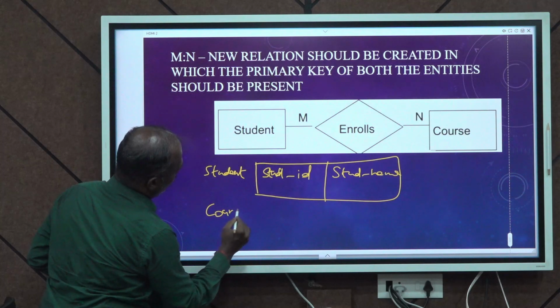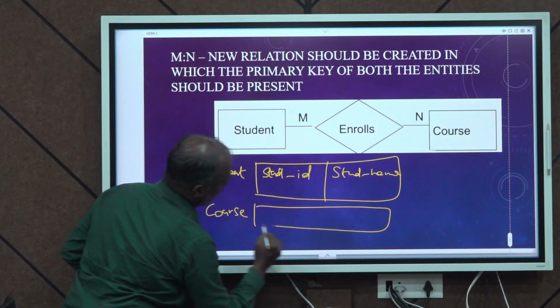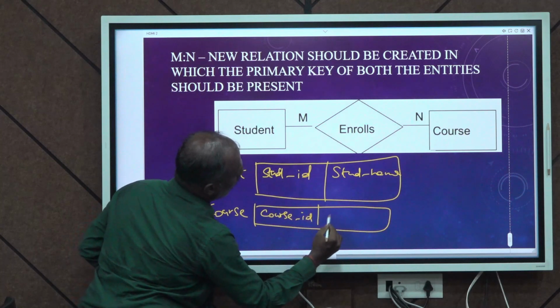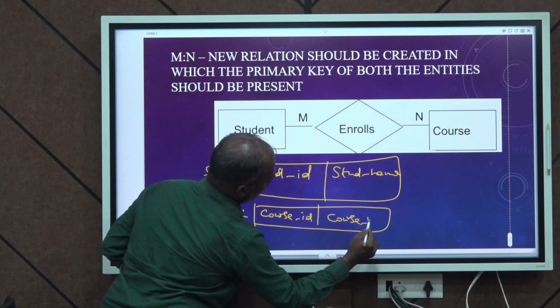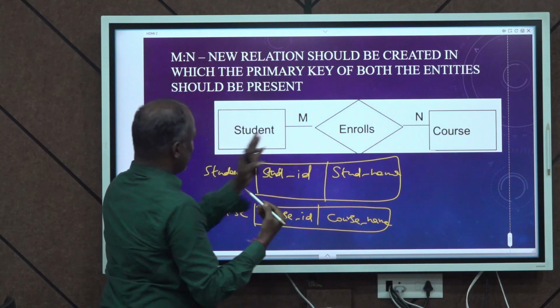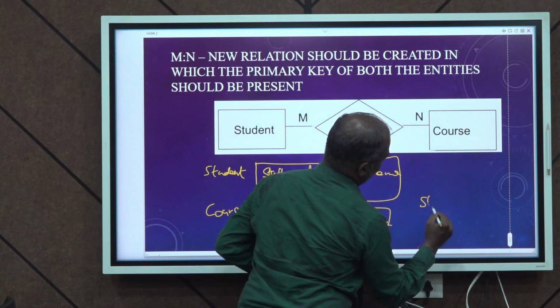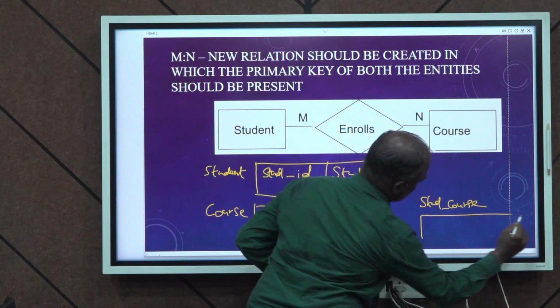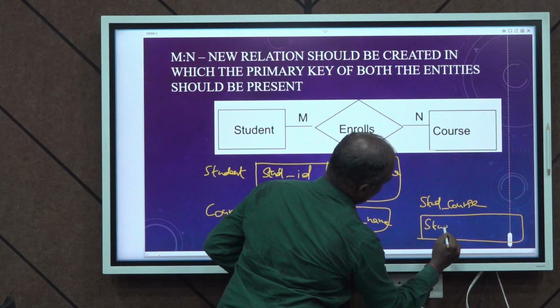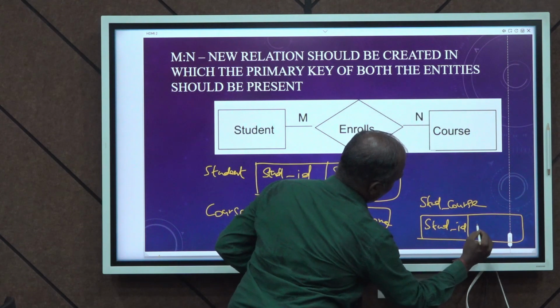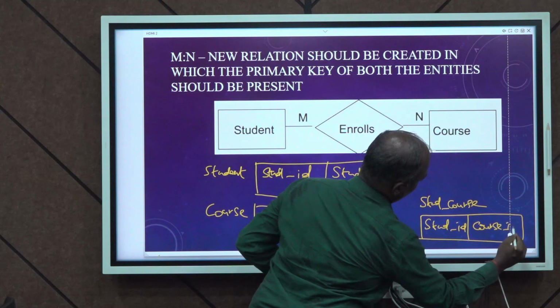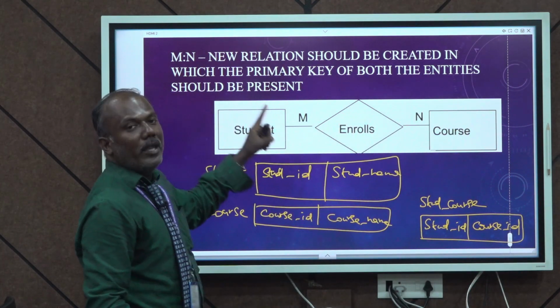When we consider the course table, course ID and course name, and we have to create a new relation between student and course. How do you create it? Student ID and course ID for the many to many relation.